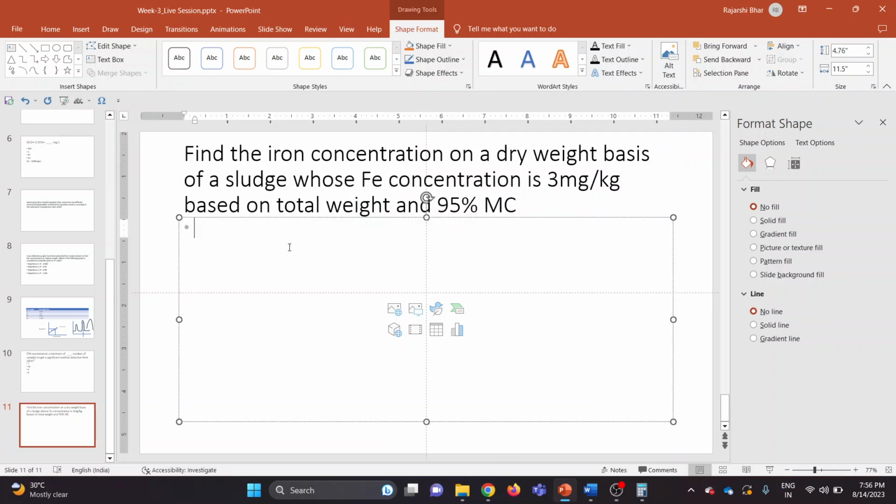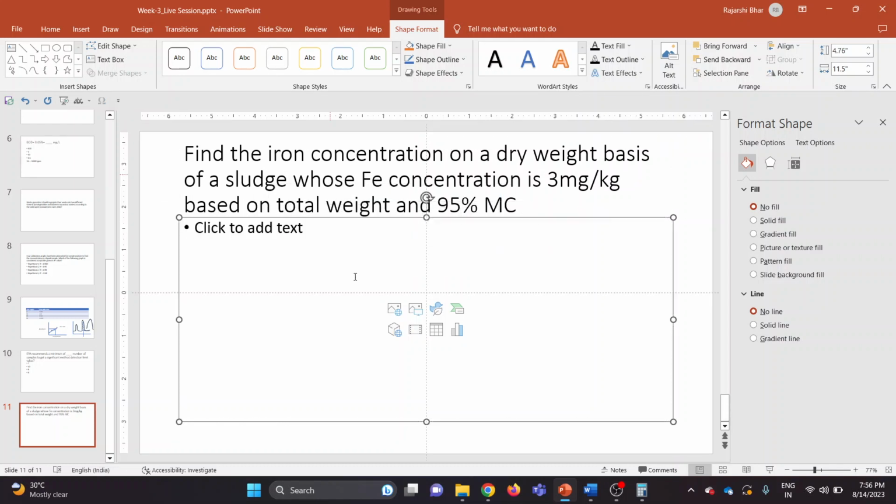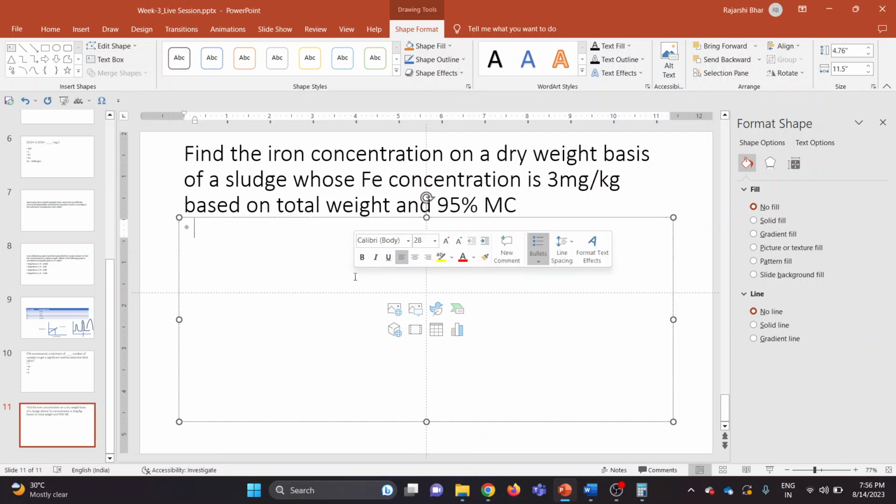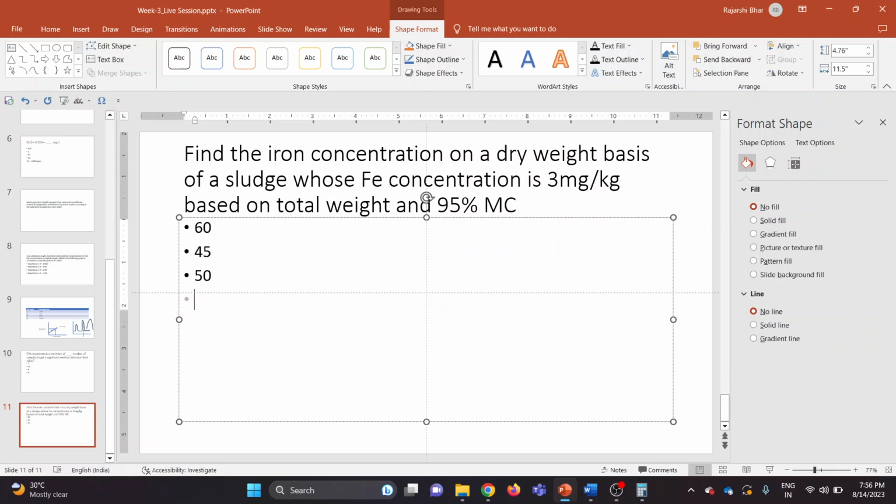So you have to find the concentration of iron on dry weight basis in a sludge whose concentration has been provided with respect to the overall total weight, which is 3 milligram per liter, and you have also been provided with the moisture content of that sludge. So now you have to determine the concentration of iron on dry weight basis, and all the options are in milligram per kg only. So 60, 45 and 40.